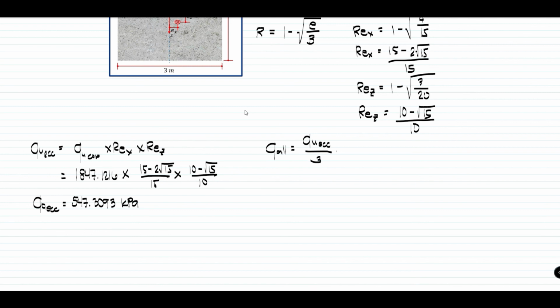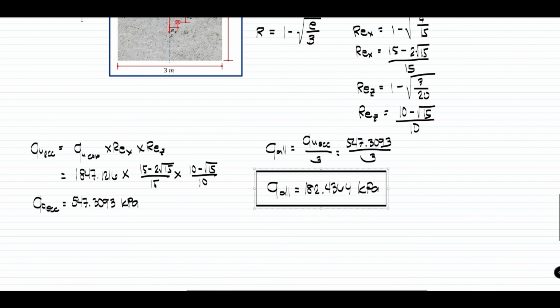So, that is just 547.3093 divided by 3. Now, the Q allowable na hinahanap natin will be 182.4364. So, this is in kilopascals. So, ito na ngayon yung pinapahanap sa atin na allowable bearing capacity.